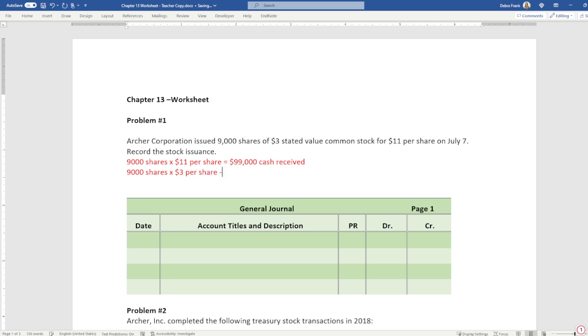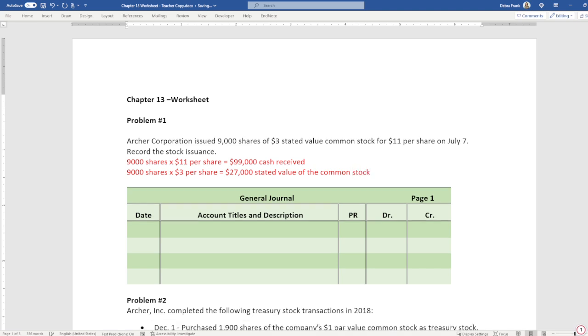And so that is 9 times 3, which is 27. So we have $27,000 for the stated value of the common stock. Don't get tricked, because in the book it might have had $1 instead. That's the 3 that's coming in.